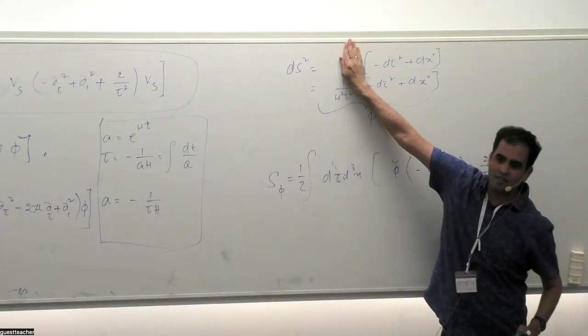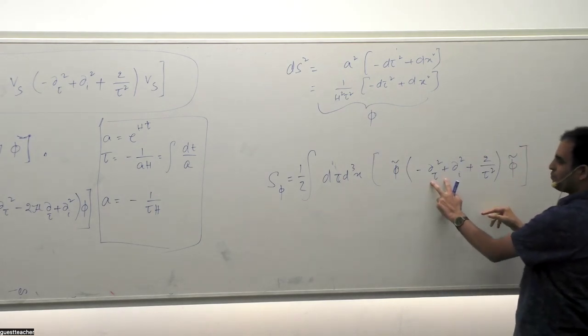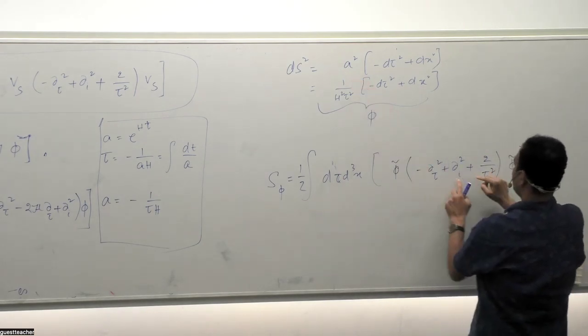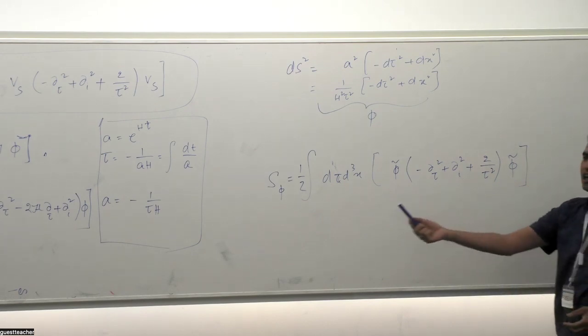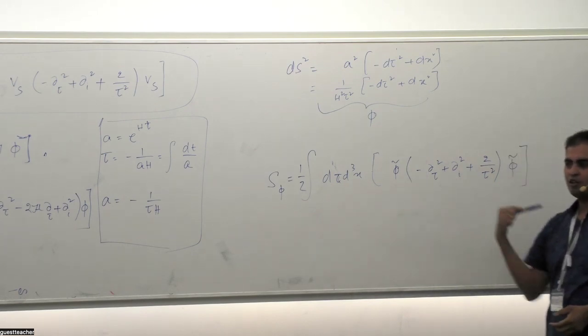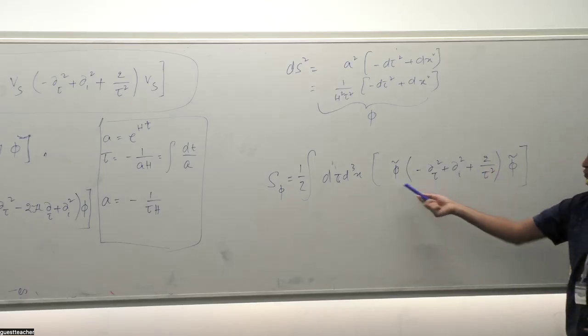If it is not there, it is Minkowski. So that means it's in a background like Minkowski with a time dependent mass. This is the effect, the transfer of the effect of de Sitter to a mass term that comes from a redefinition.